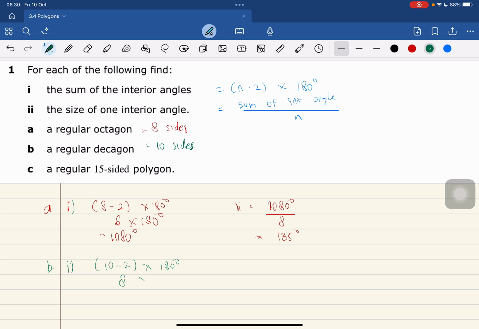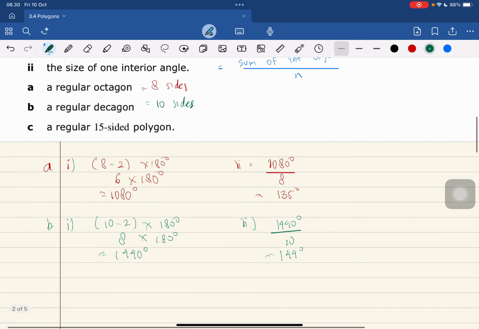So this is 8 times 180 degrees, which is equal to 1440 degrees. For one interior angle, we write 1440 degrees divided by 10, which gives us the answer of 144 degrees.